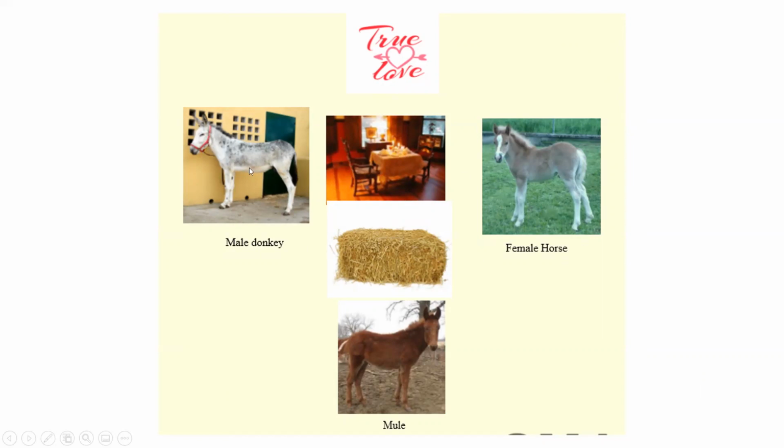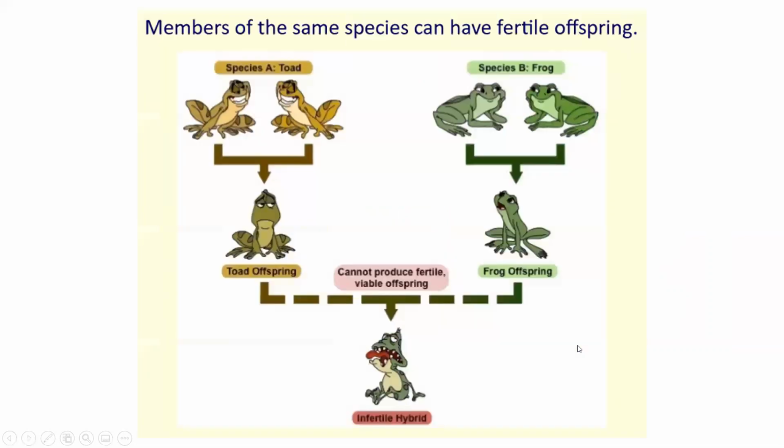No matter how much there might be some similarities between the two, they are two different species. And the reason we know that is because they cannot breed to produce fertile offspring. They can produce infertile offspring, which is not a member of either species. It's a hybrid.